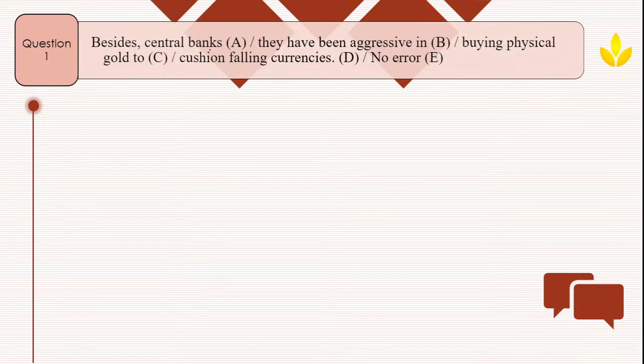Central banks, they have been aggressive in buying physical gold to cushion the falling currencies. For example, if you look into tense here, they are talking about central banks as they have been aggressive, so going with present perfect.